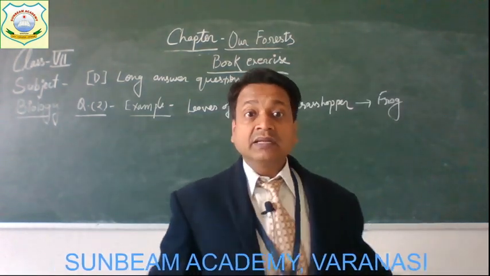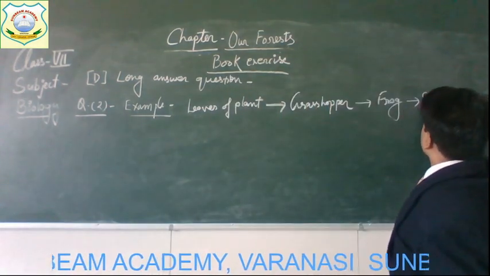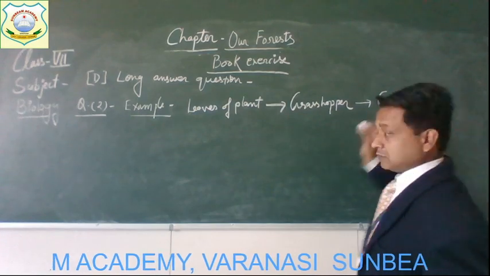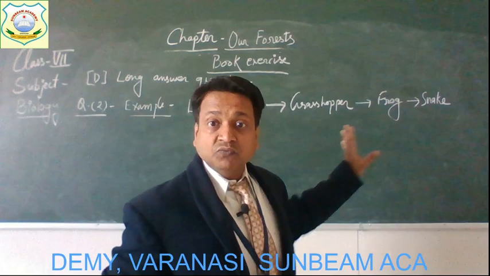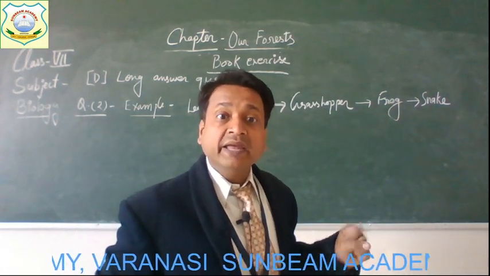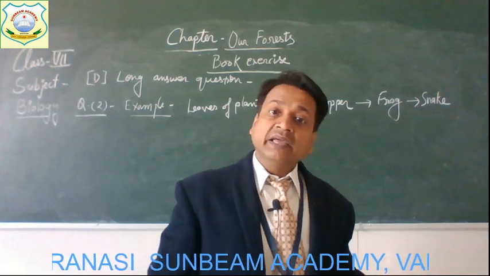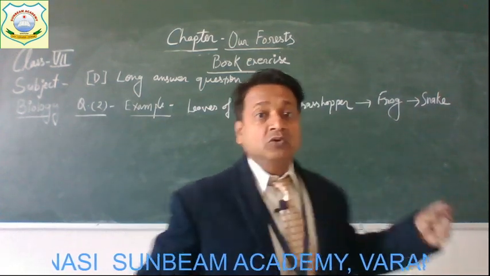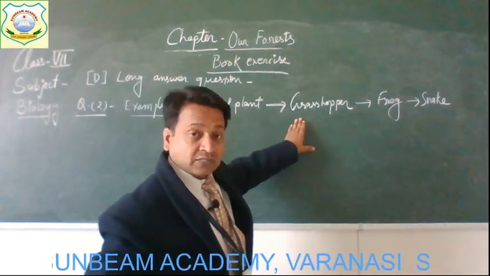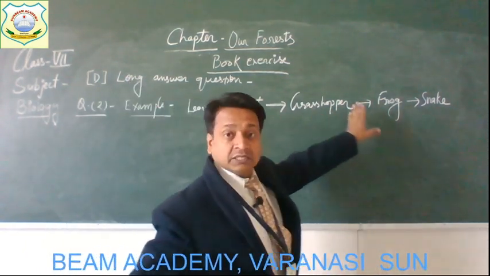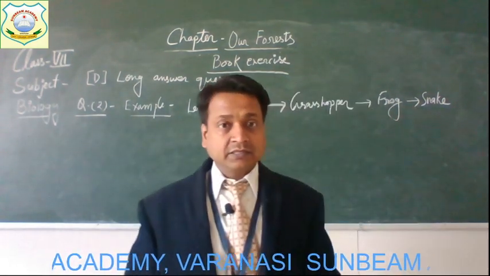And in turn, this frog is eaten by a snake. The last link of this food chain is occupied by decomposers who feed on dead plants and animals. So this example shows that the leaves of the plant are eaten by the grasshopper, the grasshopper in turn is eaten by the frog, and the frog is eaten by the snake.